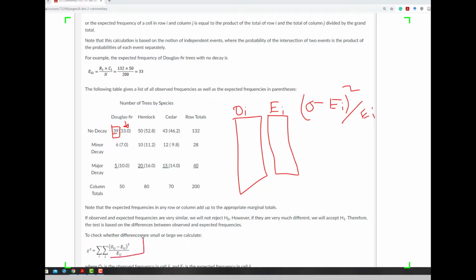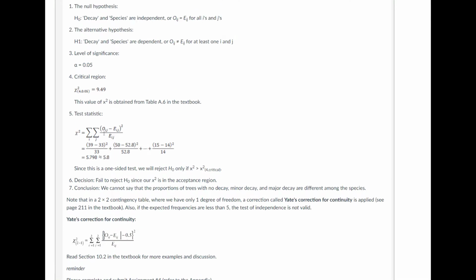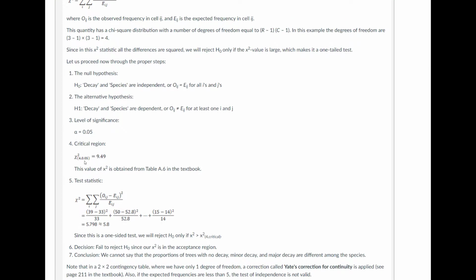Basically we are trying to find this one, and then if you sum all the values, you can find the chi-square statistic value. So that's how we found this chi-square value 5.8. And then previously I showed you how we found the critical value from the chi-square table.